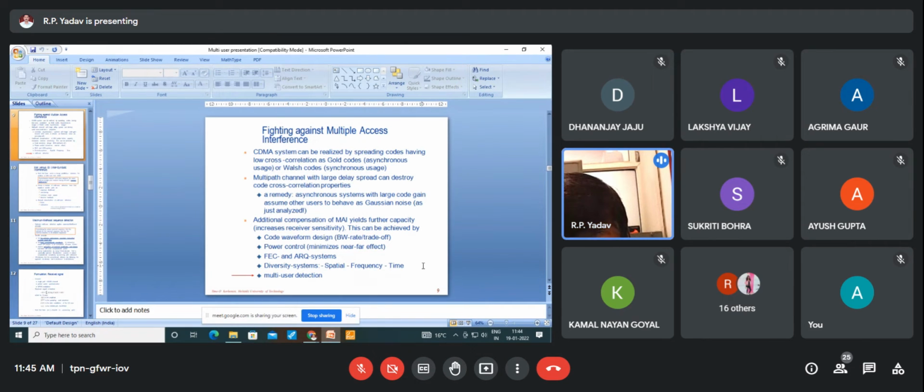Additional compensation of MAI yields further capacity. Compensation means you try to reduce or eliminate the MAI, which increases the receiver sensitivity, and obviously more subscribers can be accommodated. This can only be achieved by code waveform design.